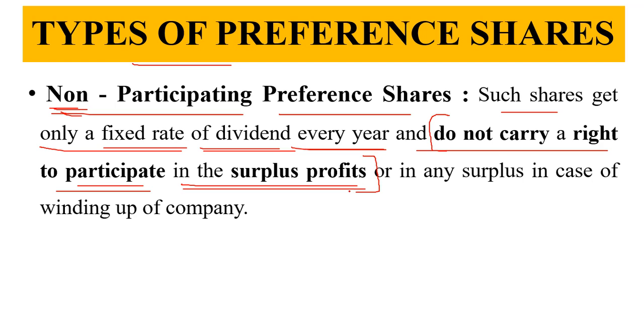Now, surplus profit I have explained in the earlier slide. Surplus means the remaining profit after paying the equity shareholders and preference shareholders. So non-participating preference shareholders do not carry a right to participate in the surplus profit, or in any surplus in case of winding up of the company.